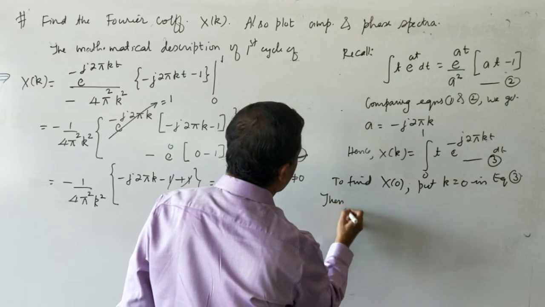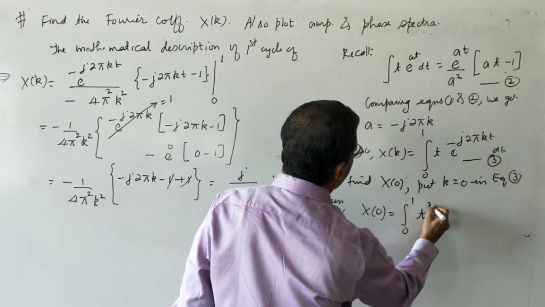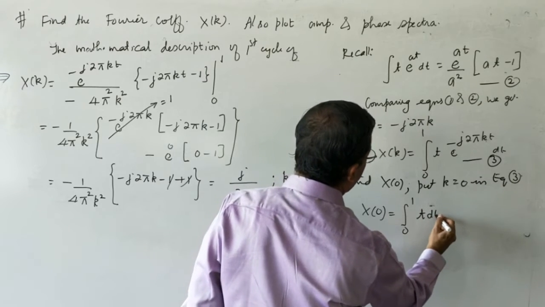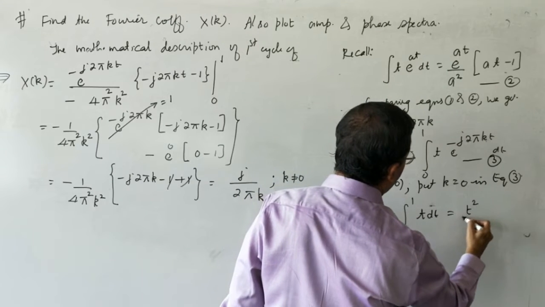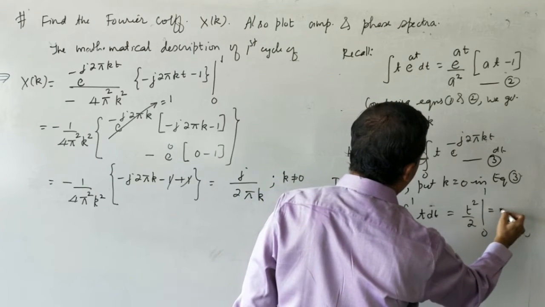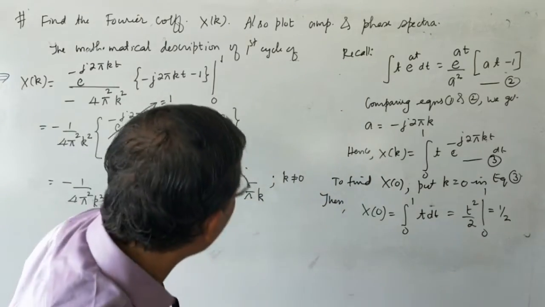Then x of 0 equals integral 0 to 1 t dt, because e to the power 0 is 1. T, if you integrate, you get t square by 2, between 0 and 1. So you get half.